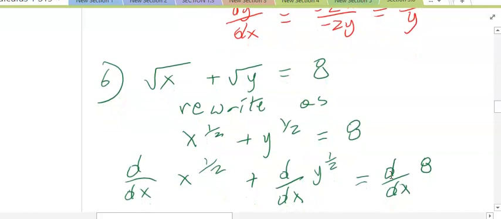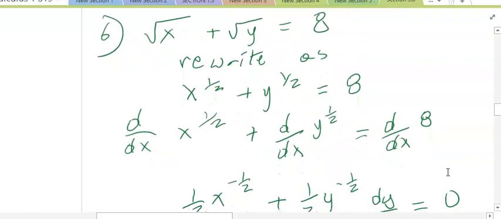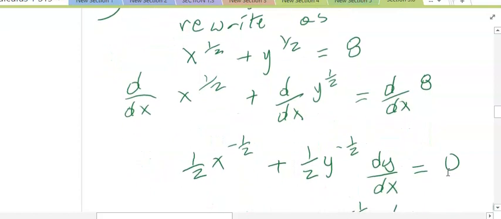Then take the derivative with respect to x of all the terms in this expression. So it's going to be d/dx of x to the 1/2 plus d/dx of y to the 1/2 is equal to d/dx of 8. Then go ahead and take your derivatives.